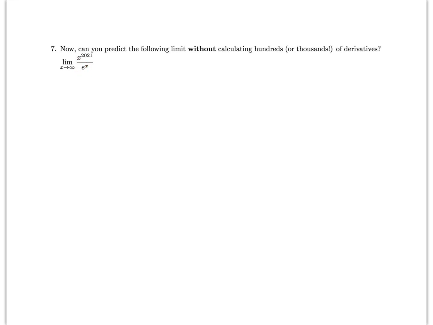But the derivative of e to the x is always going to be e to the x. So eventually, when I apply L'Hopital's rule multiple times, this is going to be a constant over e to the x. And that limit is going to be a constant over infinity, which is 0.